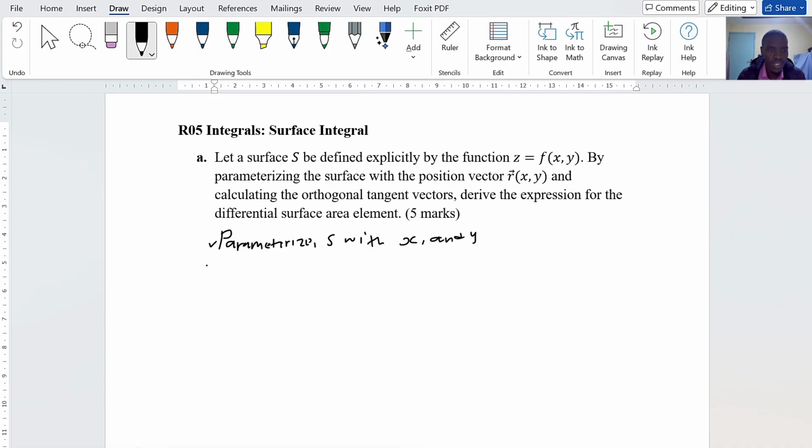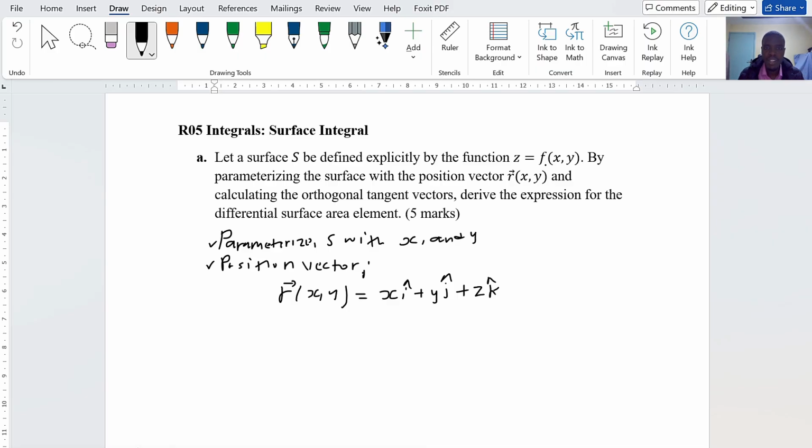Now, our position vector is defined by r as a function of x and y to be equal to xi plus yj plus zk.